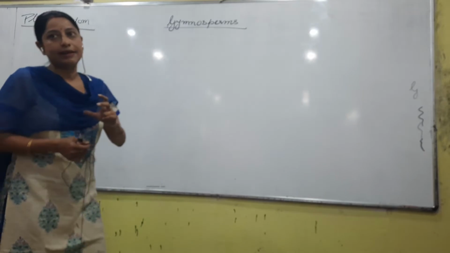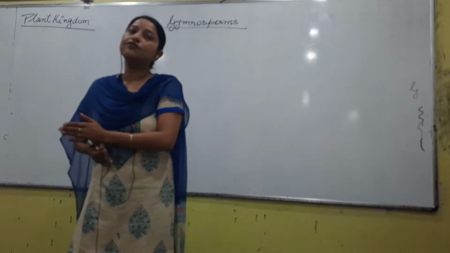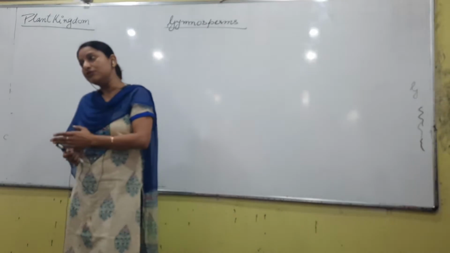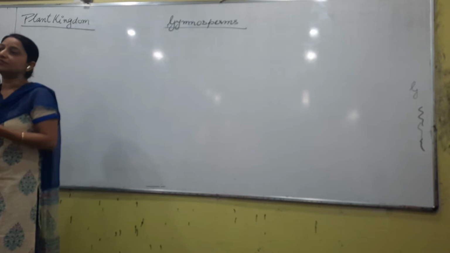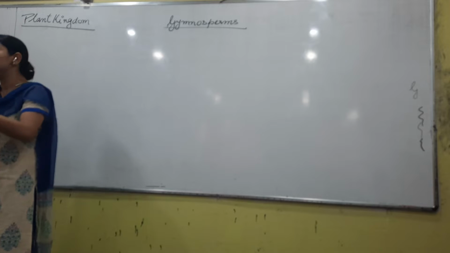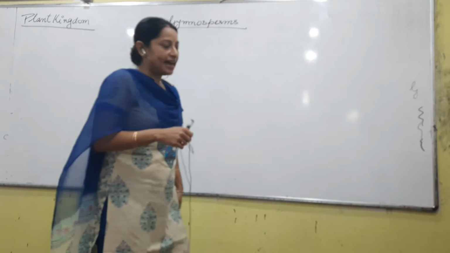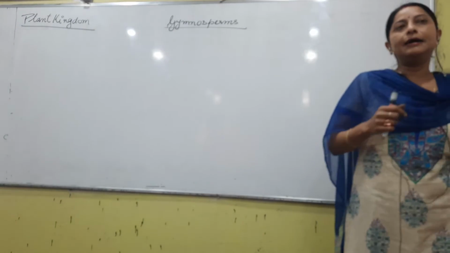So one point to keep in mind: antheridium started from algae and continued till pteridophytes. Archegonium started from bryophytes and continued till gymnosperms, but some of the gymnosperms will not show the presence of archegonium. Some exceptions are there. So we will be writing this note. This is the content, and after this we have to talk about classification of gymnosperms.